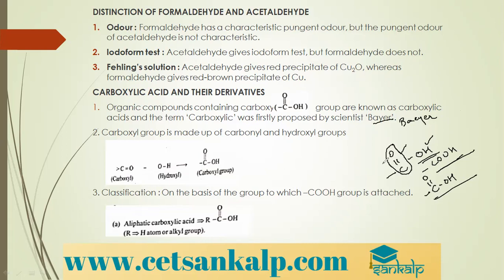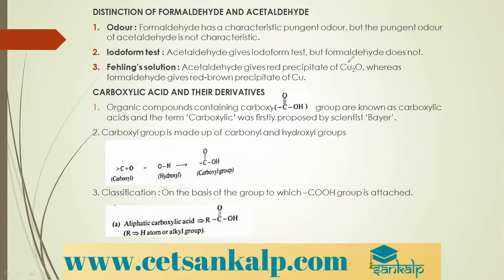Okay. Now, if you look at the classification of carboxylic acids, it is on the basis of the group to which the COOH group is attached. See, the carbon atom here is double bonded to oxygen, and single bonded to OH group, double bonded to carbonyl oxygen and single bonded to OH group.